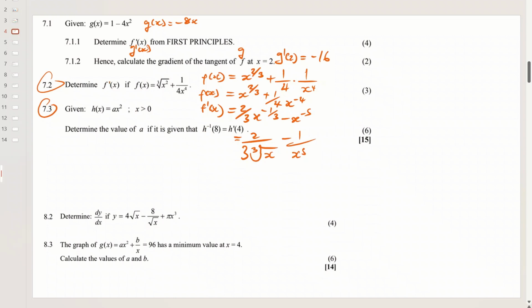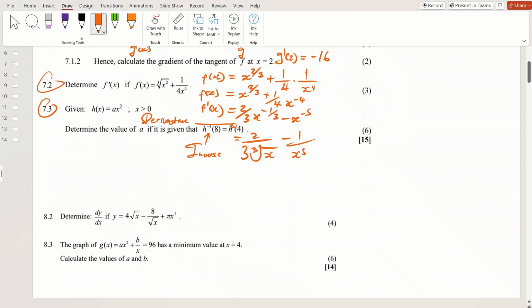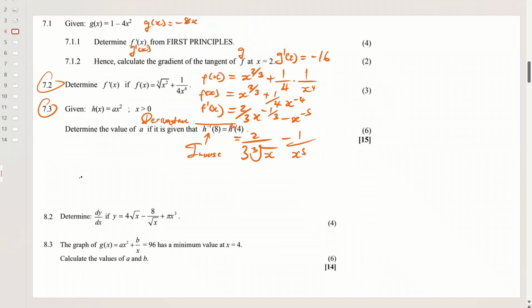But when you see that prime there, that's not the 1 but the degree of a derivative. So this is the inverse, and what you see here is the derivative. So now let me use another color here. Let me use black. So now I have to determine the value of a.